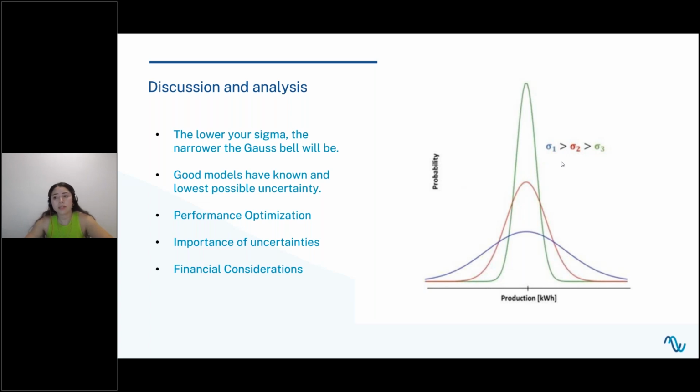So incorporating uncertainty into the energy yield calculation allows for a more comprehensive risk assessment in the solar energy project by considering uncertainties in the meteorological data, equipment performance, and long-term degradation. So project developers can gain insight into the potential variation in the energy production. So this is helpful to identify potential risks and their impact on the project performance.